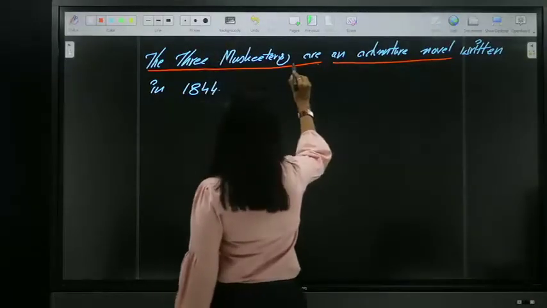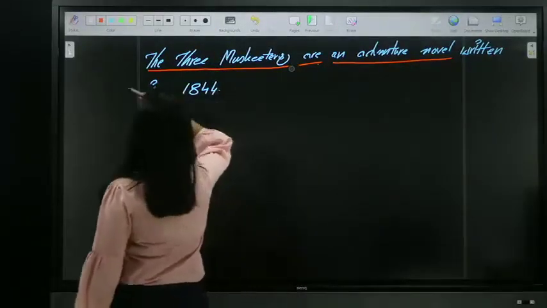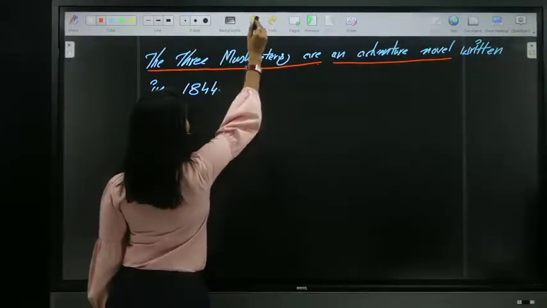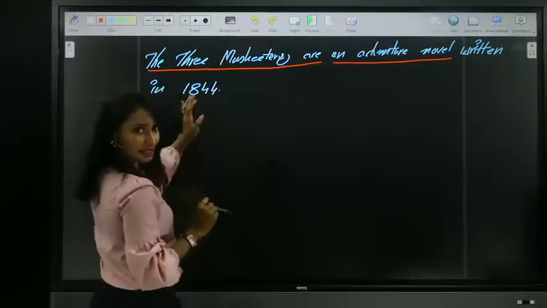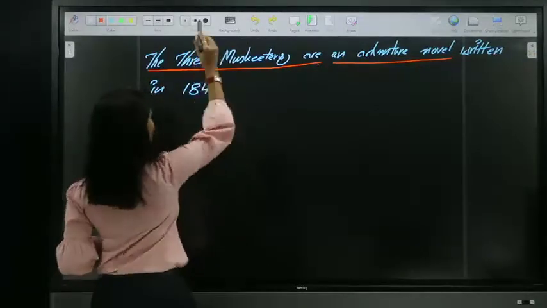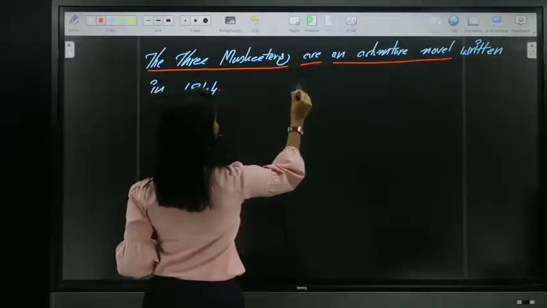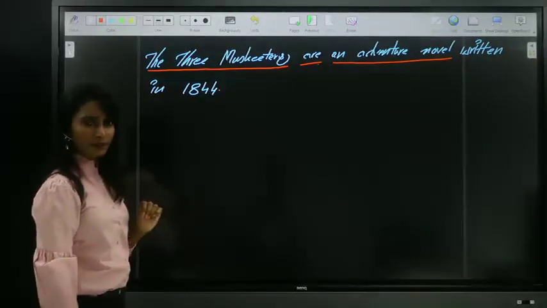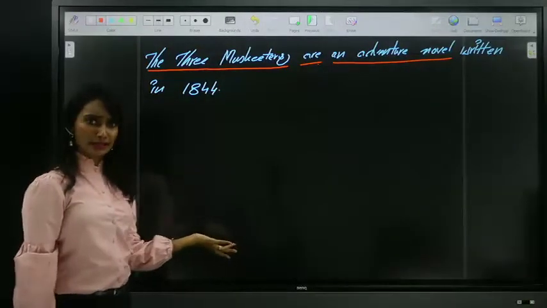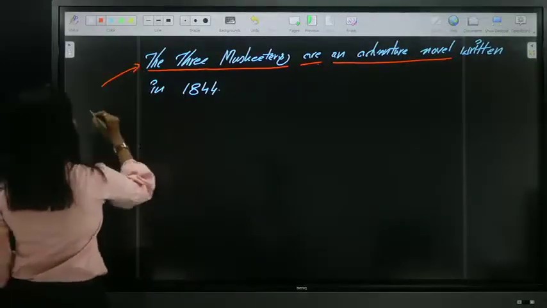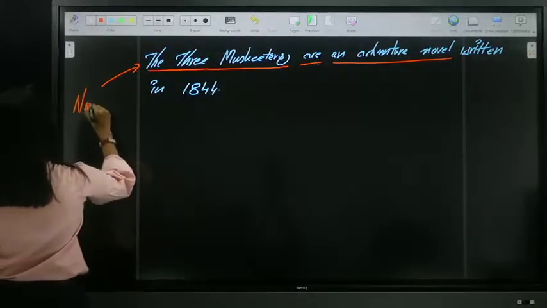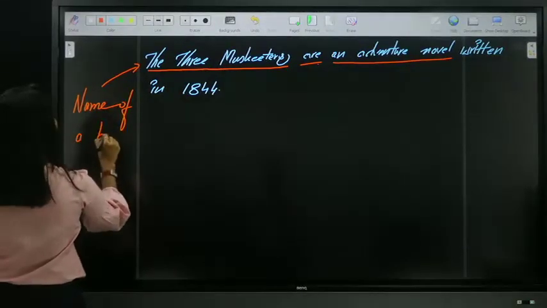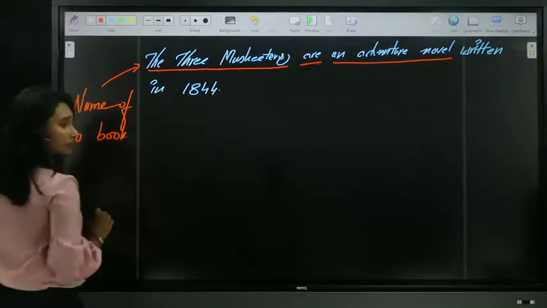Now, if you look at this sentence, the subject is three musketeers. So, the three musketeers, is it singular or plural? It is the name of a book, right?